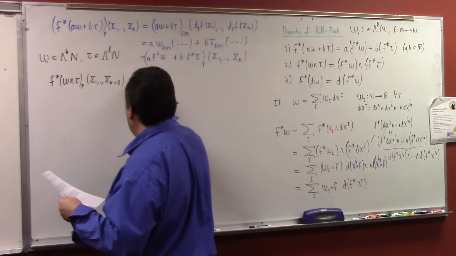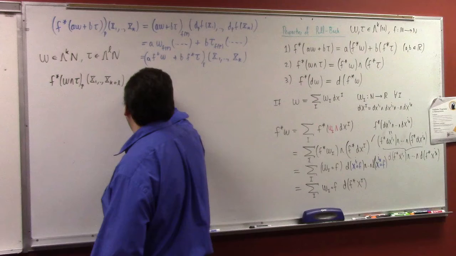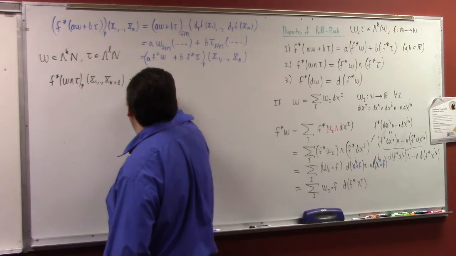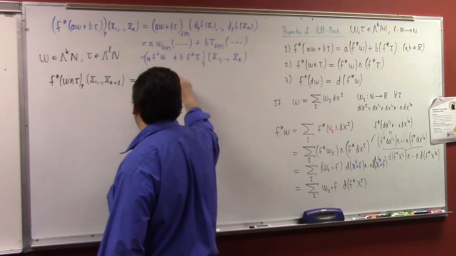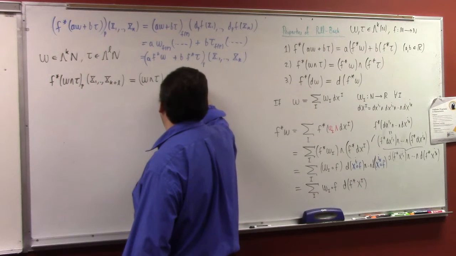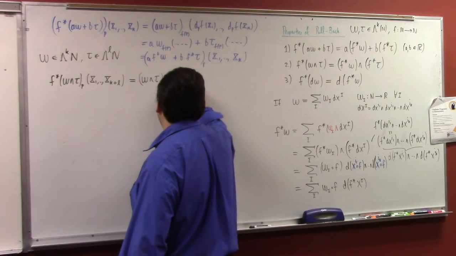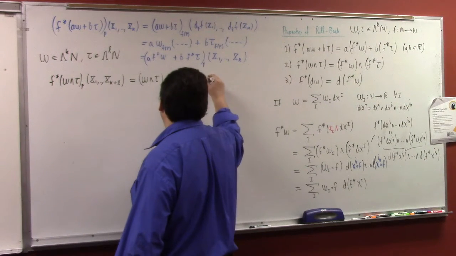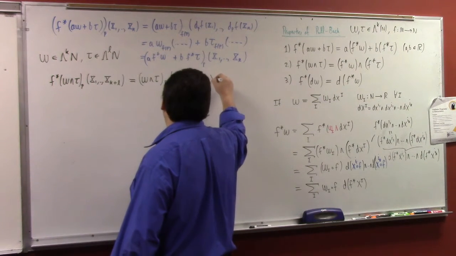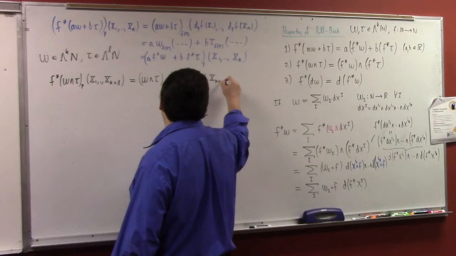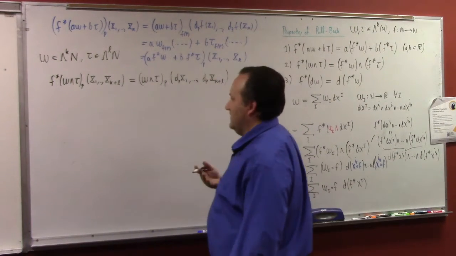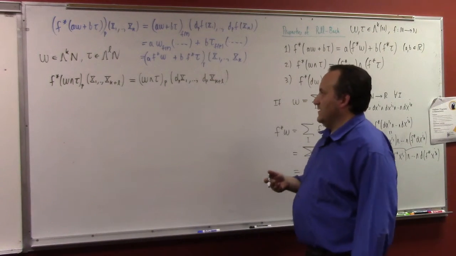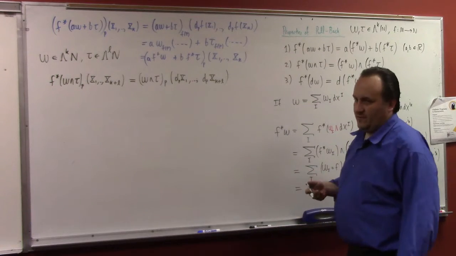All right, so definition, this is omega wedge tau at the point P acting on what? dp x1 dot all the way out to what? dp xk plus L, right? That's the definition of the pullback. I seem to be missing a very important letter here.